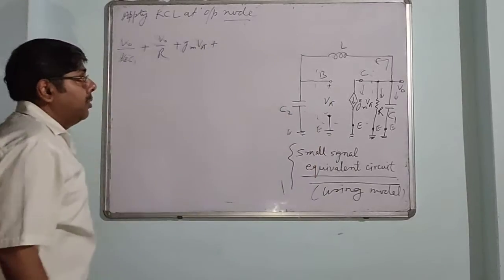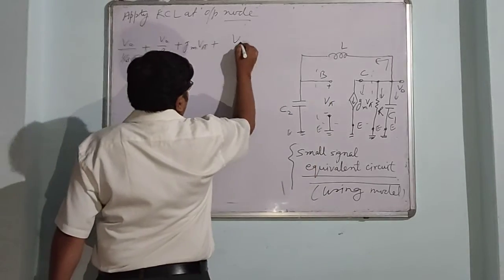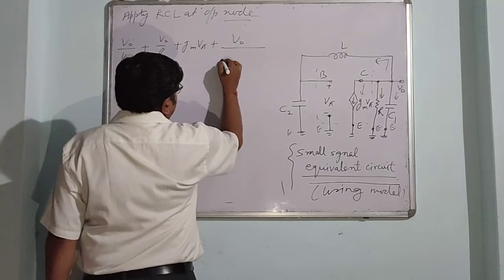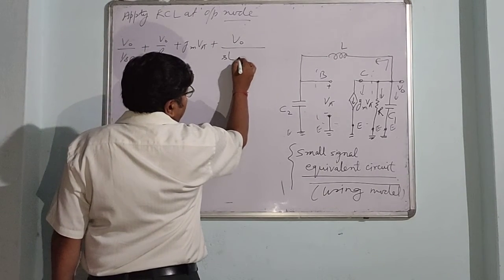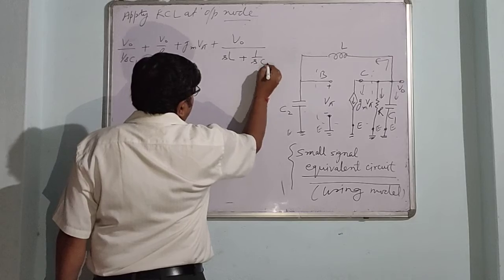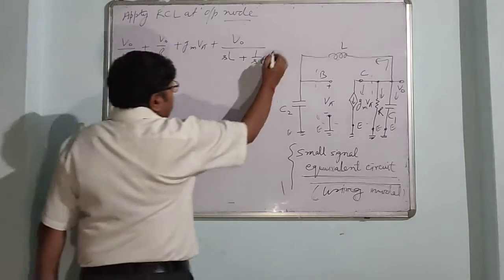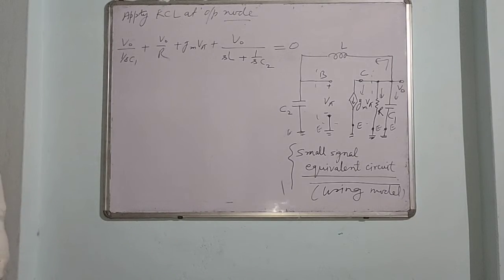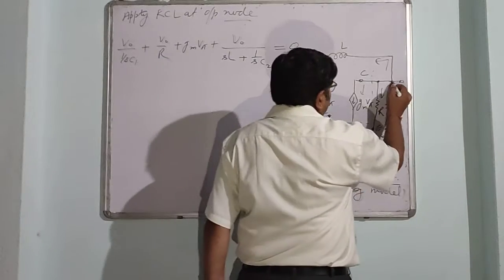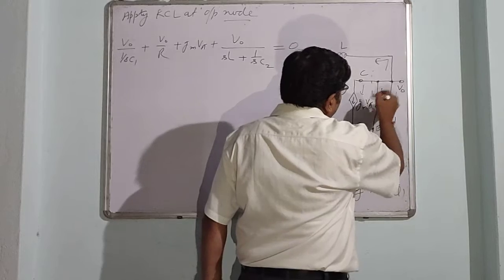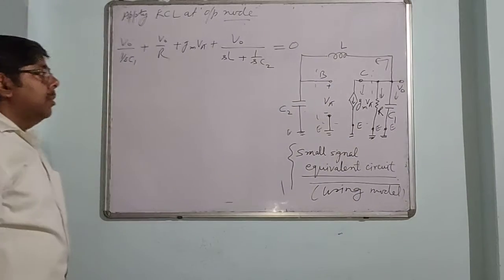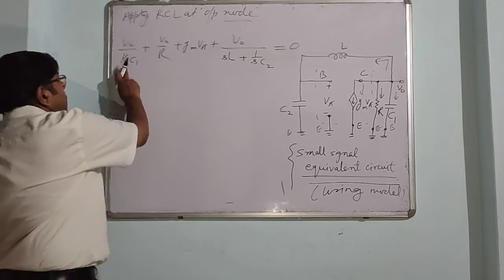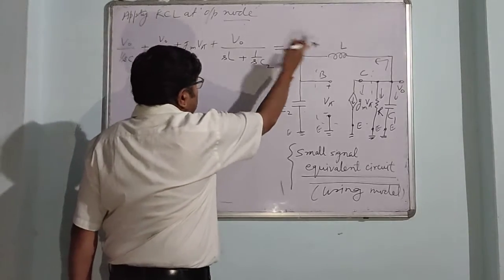Current in this branch is voltage divided by total impedance, that is SL plus 1 upon SC2. This must be equal to 0. At this output node, all 4 currents are outgoing. No incoming current is there. Therefore, all these 4 currents must sum to 0.